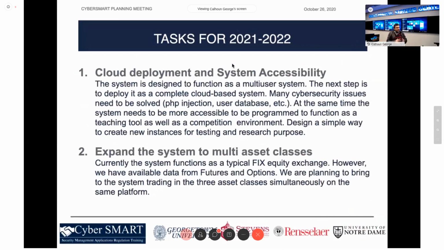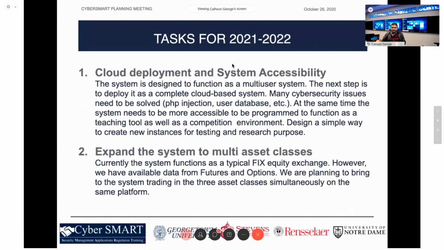And the second task is how can we make this system not only handle equity, which is what everybody does, but also handle options that are written on equity, and futures that are related to this. For example, today, if you want to trade the S&P 100, you need to go to E-mini at CME.